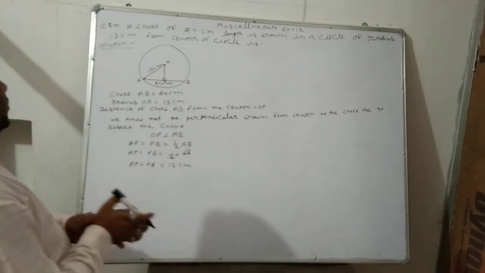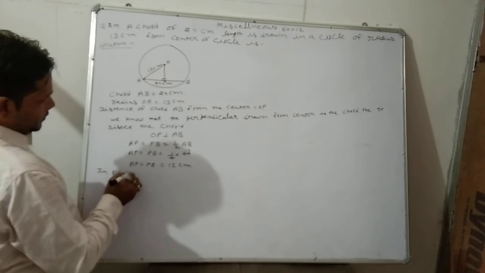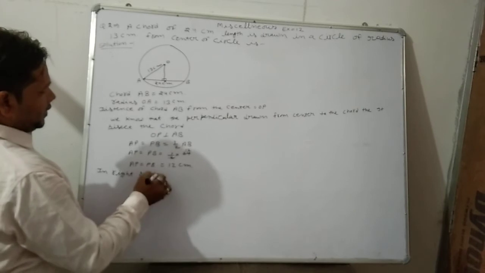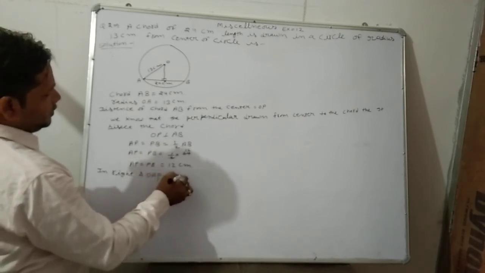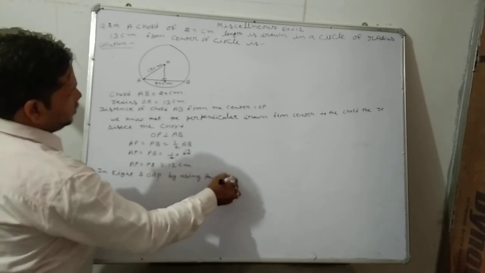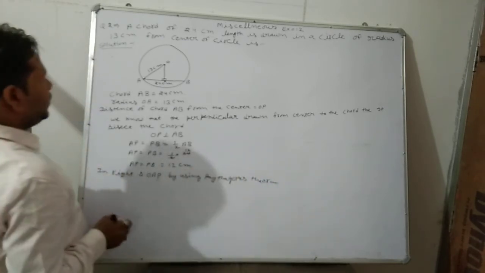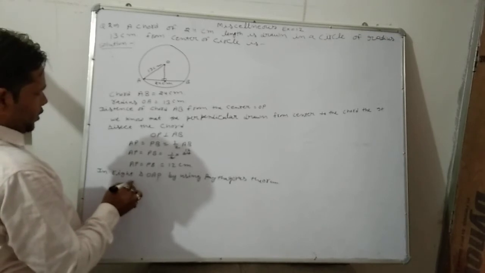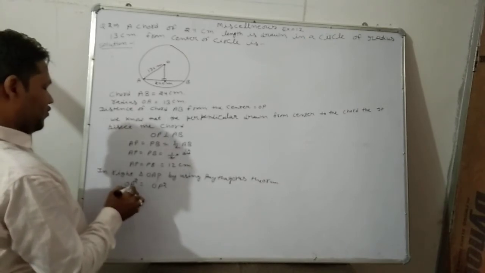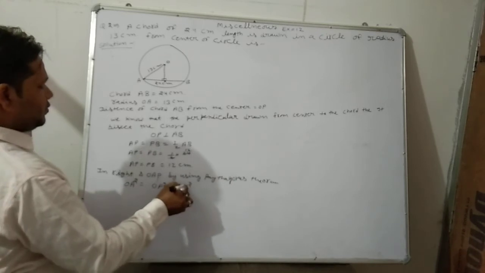Now in right triangle OAP, by using Pythagoras theorem, OA square is equal to OP square plus AP square, because OA is the hypotenuse of the right angle triangle.